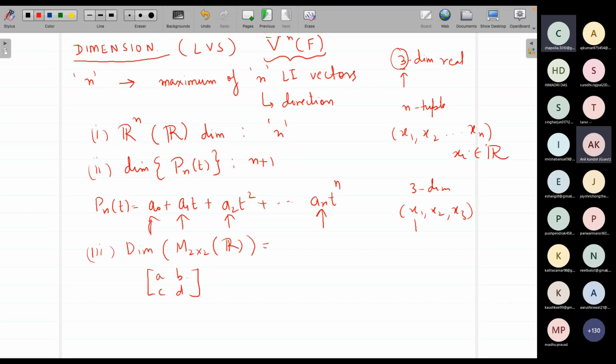How many independent numbers do you need to have this generic matrix? Four: 1, 2, 3, and 4. That means 2 into 2 is equal to 4.